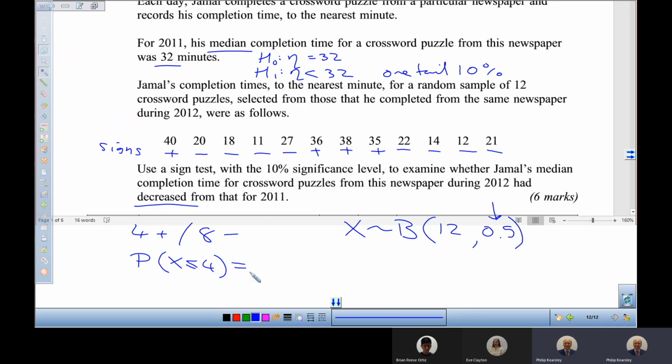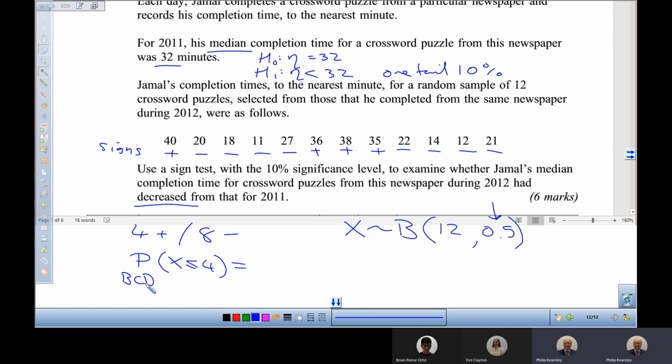So if 4 is your upper, you always test away from what you'd expect. We'd expect 6 and 6. 4 is less than 6, so less than or equal to 4. 4 is your upper, 0 is your missing lower, using 12 and 0.5 as a BC. Dist binomial BCD, using 0, 4, 12, 0.5.